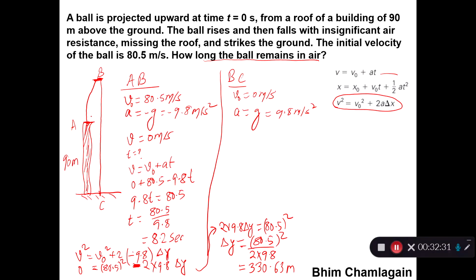So from A to B is 330.63 meters, and from A to C is 90 meters.